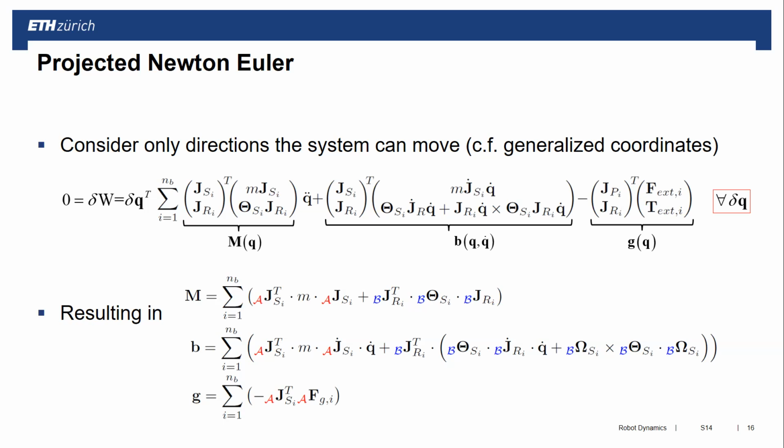Most of the time people have all the matrices in the same reference frame, but you can also have different ones if you want. That's why I wrote B's and A's here. Every block, whenever I do multiplications, has to be in the same reference frame. Once I do this conversion, I'm already in this generalized space, so I can have this part done in A frame and that part done in B frame, if I want to.